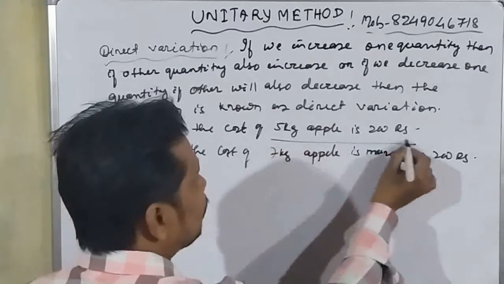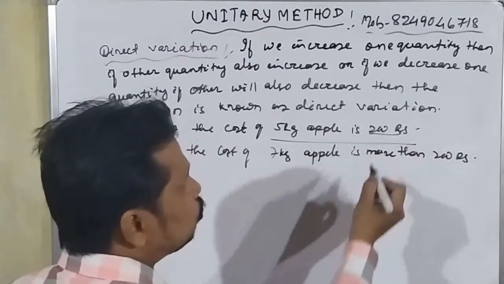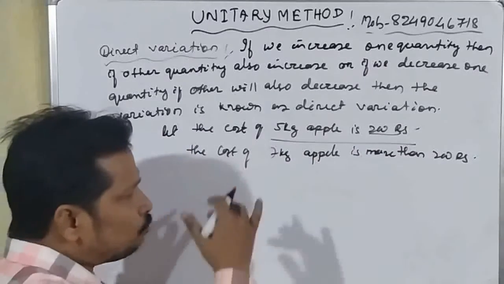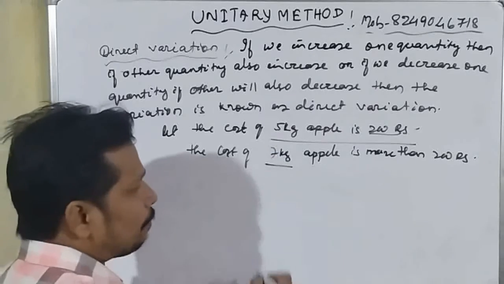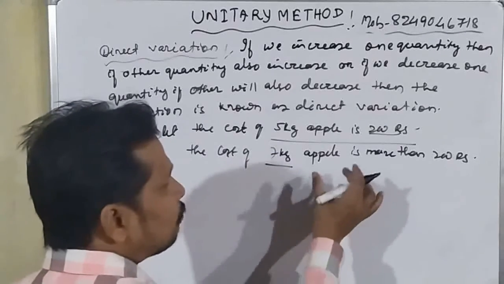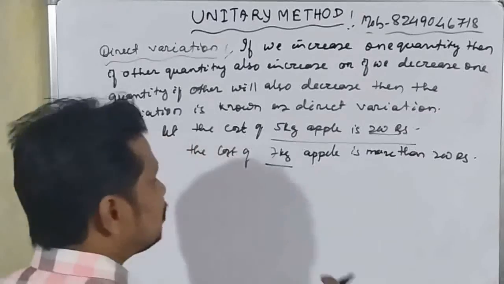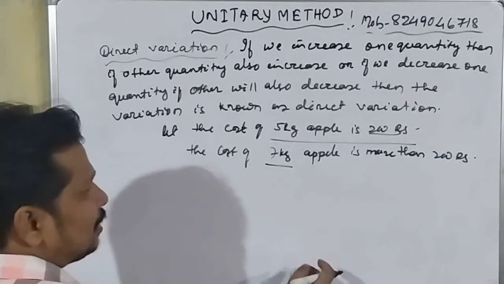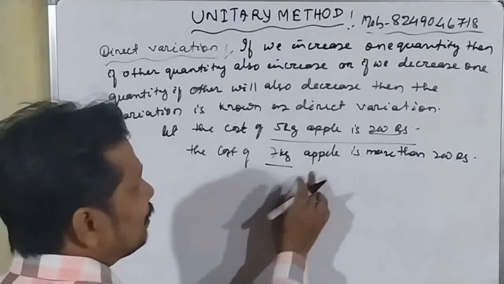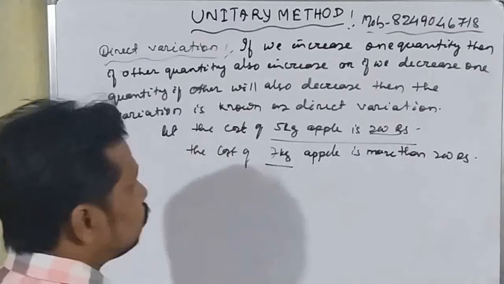Already it is given that 5 kg apple is equal to 200 rupees. So now we only have to think that if we buy 7 kg apple, then we have to pay more than 200 or less than 200. Definitely everybody can say that if we buy more apple, then we have to pay more rupees.